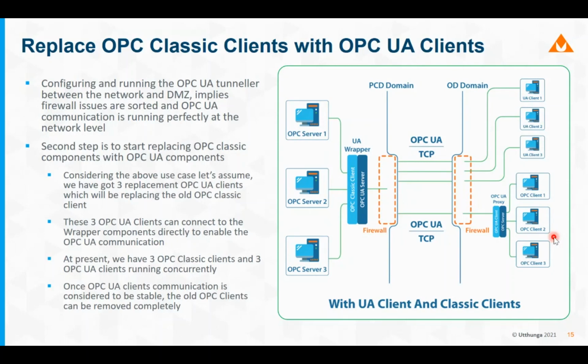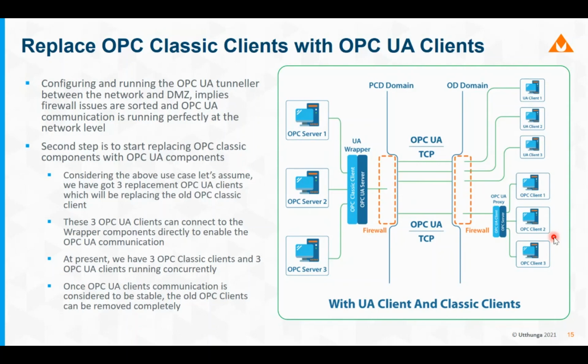Is it putting extra load on the network? Are there any extra side effects? When they install this, did anything else change for other products? All those checks happen, and this activity takes maybe 2 weeks. And then once all this is done, they would take out the OPC clients.